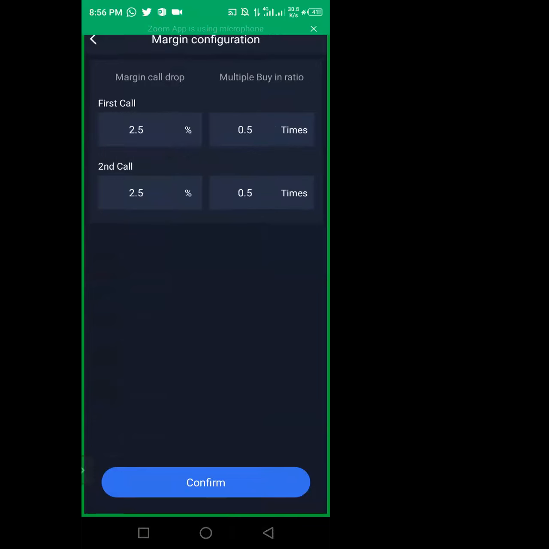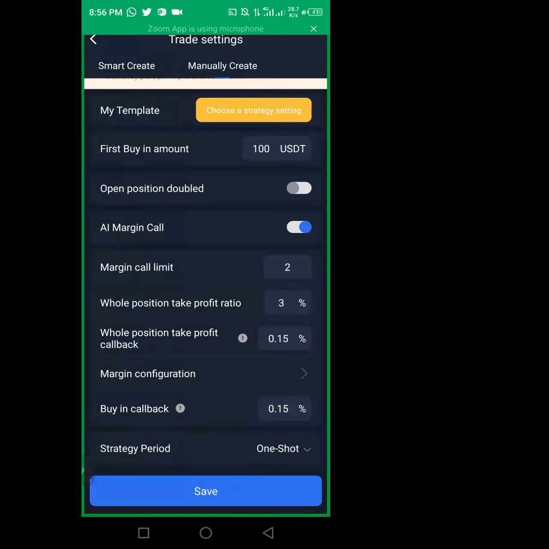When it gets to 2.5, because of this AI margin call you turned on, it will not buy your margin 1 immediately. It will wait and see if, when it gets to 2.5, the coin did not drop any further. That is before this AI margin call will allow your margin 1 to buy.